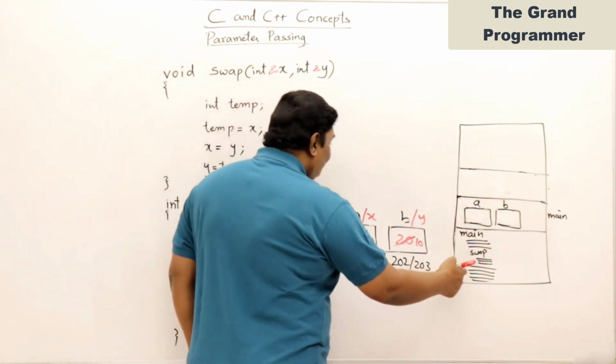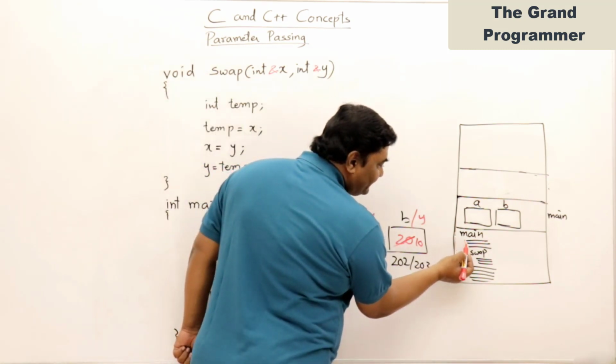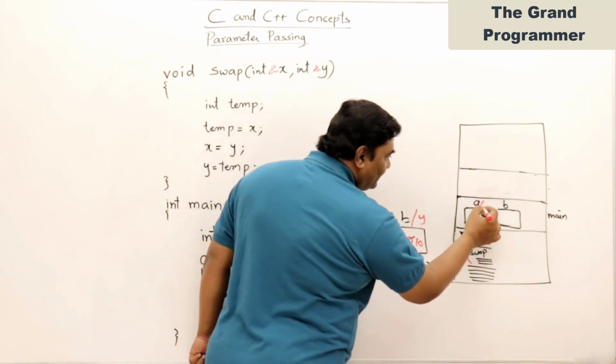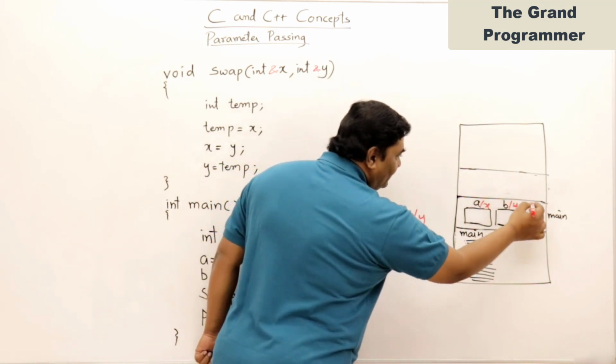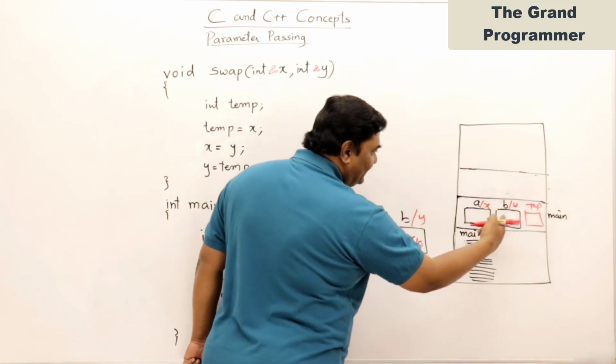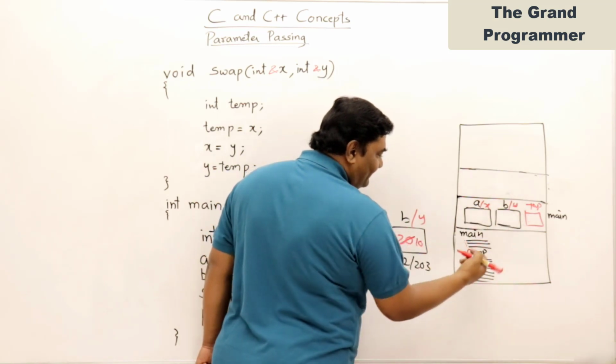As long as the main function code is running, these are a and b, and once the swap starts, these are called x and y, and the temp variable is created inside the same activation record of main function, inside the same stack frame.